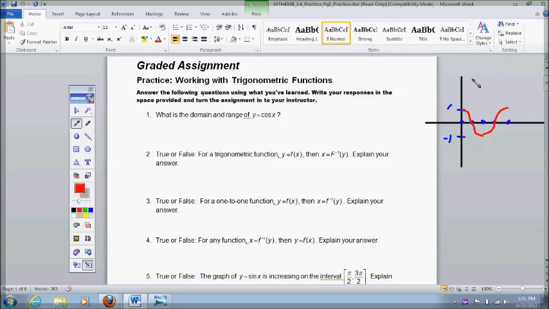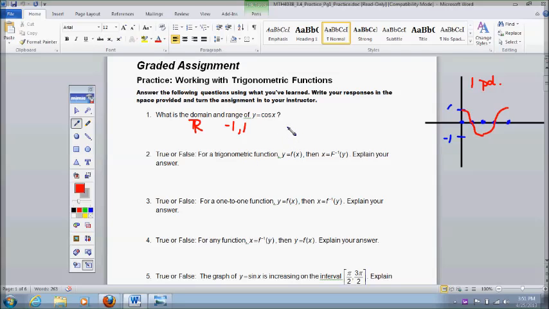And remember, this is just one period of the cosine function. This goes on forever, okay? Forever in the positive direction and forever in the negative direction. Therefore, that tells you that the domain is going to be all real numbers, and the range is going to be -1 to 1. And hopefully that helps you.